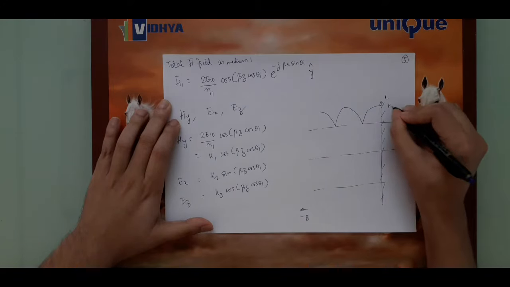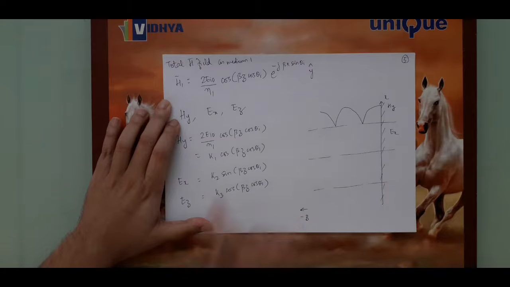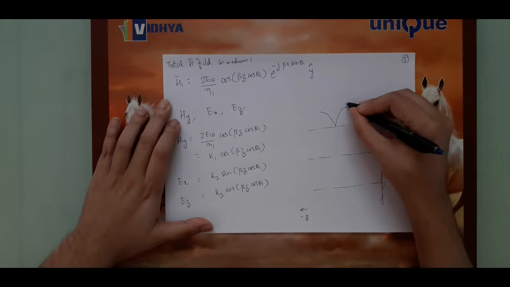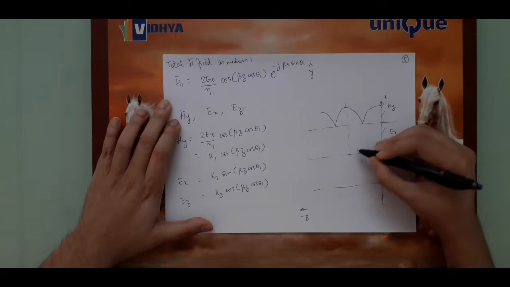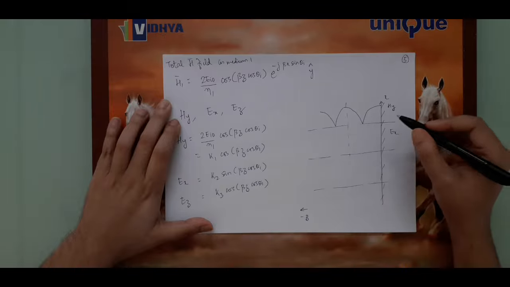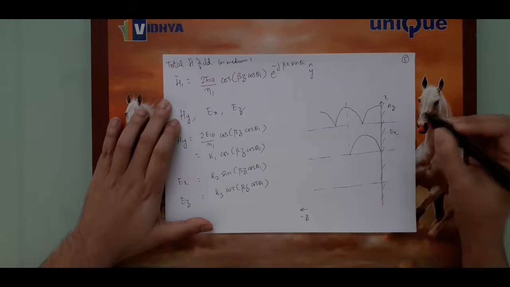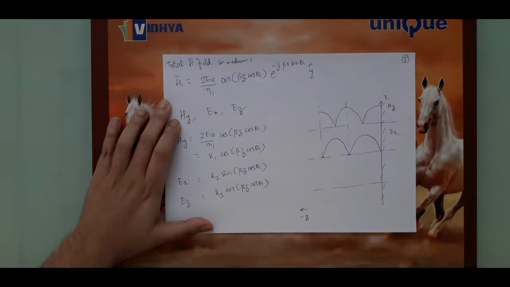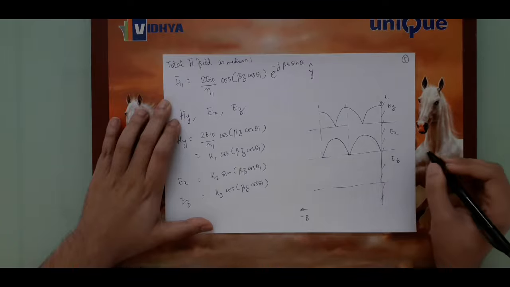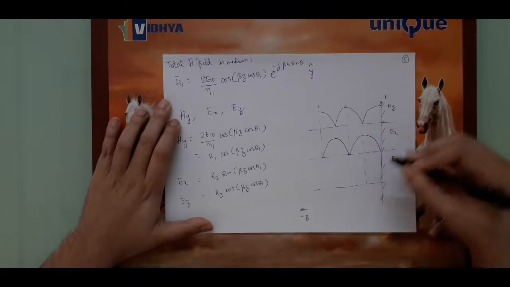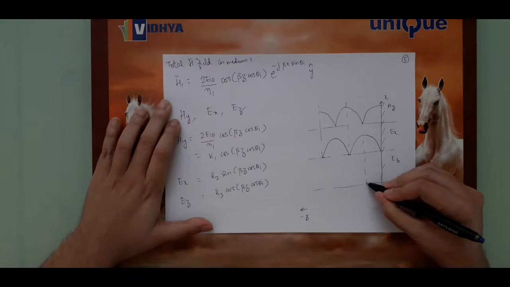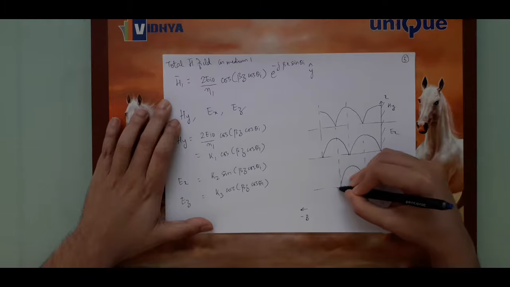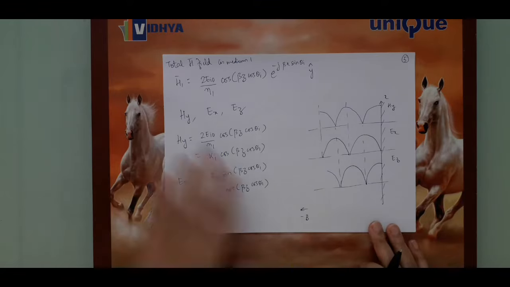If you draw Ex, it is a sine as a function of z, so it will be something of this kind. And Ez will also be a cos, so just like Hy. Something of this kind.